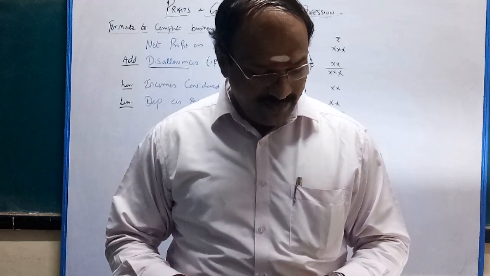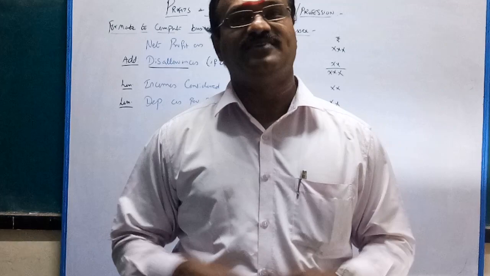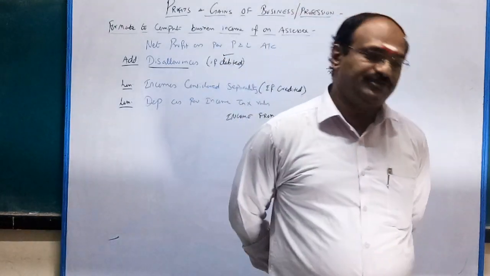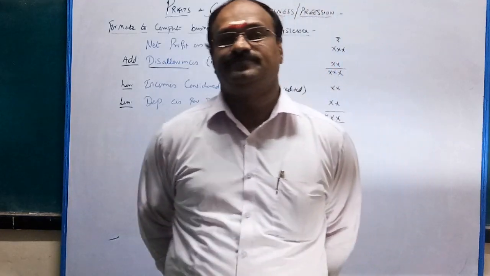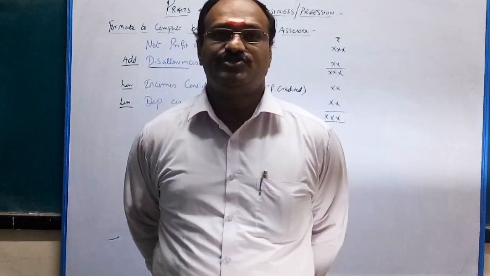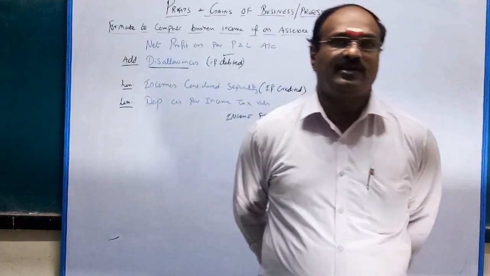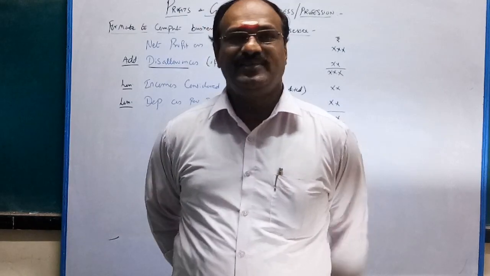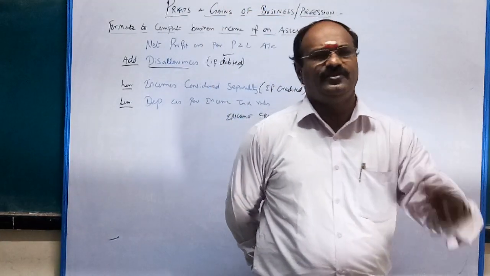Then any payment to a relative which is excessive or unreasonable in the opinion of the assessing officer. Suppose I appoint my son or my daughter as accountant. In general, the average salary for an accountant is 10,000 to 15,000 per month.